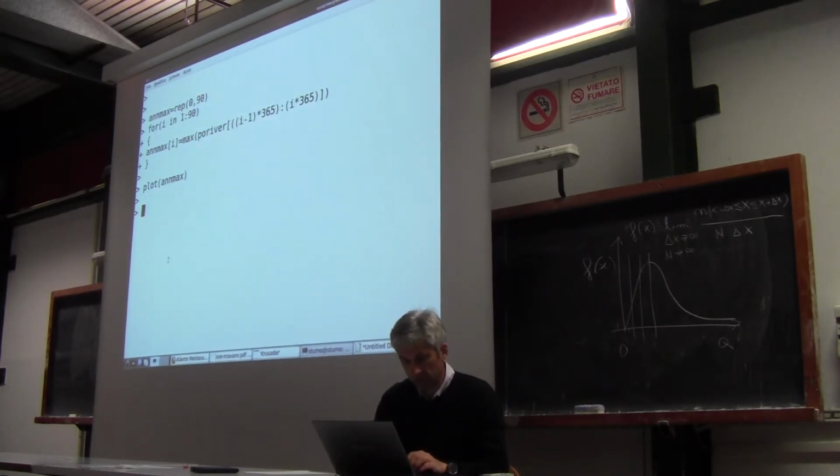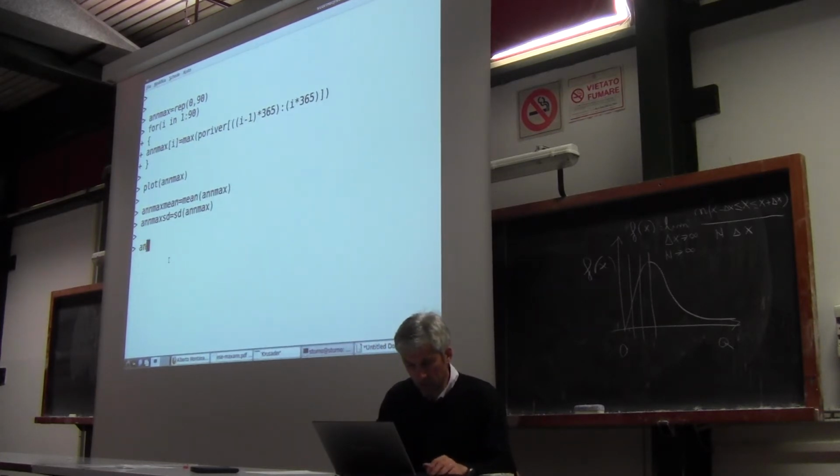So what I would like is the mean of max, and max SD equal to the standard deviation of max.